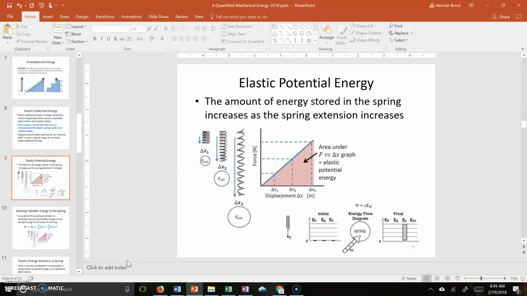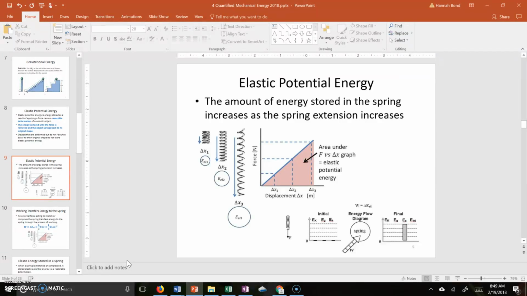We conducted an experiment where we applied a force and compressed a spring and then measured the energy that was stored in the spring. And we found that as we applied more force, we were able to compress the spring further, and the area under that force versus displacement graph equaled the work that we did on the spring, and it also equaled the elastic potential energy that was stored in the spring.